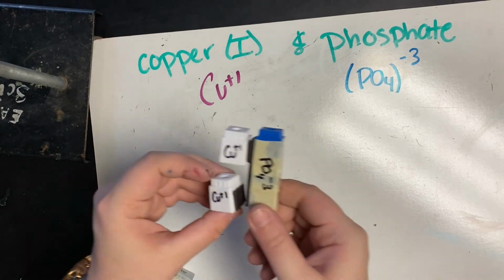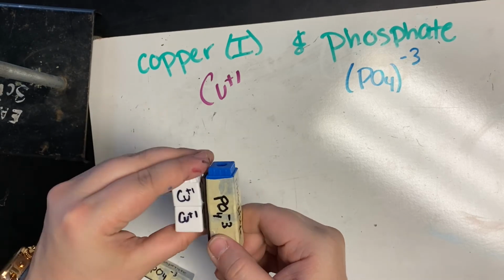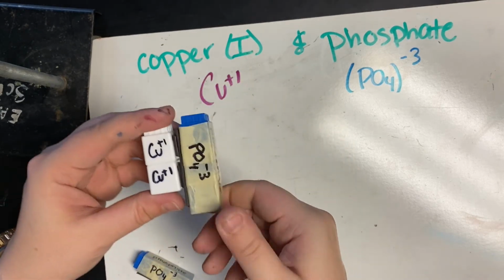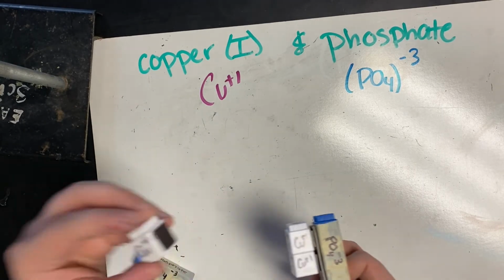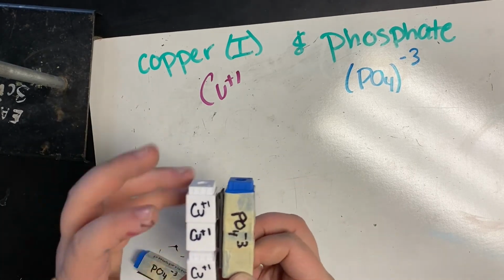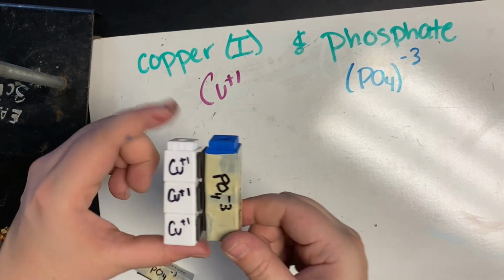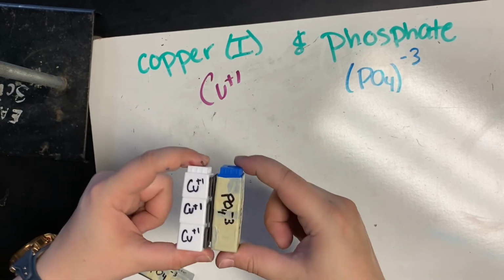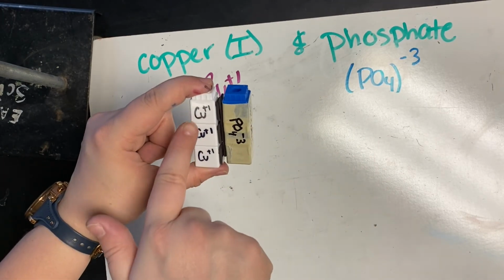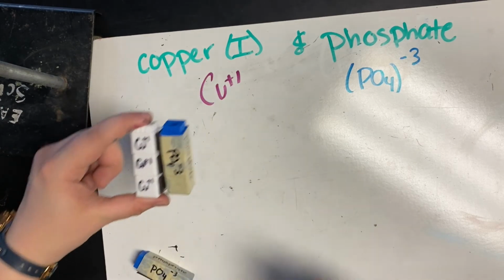So what we're going to have to do is add another copper. Now you can stick these two together. Again, now we have 2 coppers and 1 phosphate. That's not enough either. So we'll take that third copper and stick it on. So now both our positive side and our negative side are the same height, and that's the goal for all of the compounds. So we have 3 copper 1s, and we have 1 phosphate in our compound.